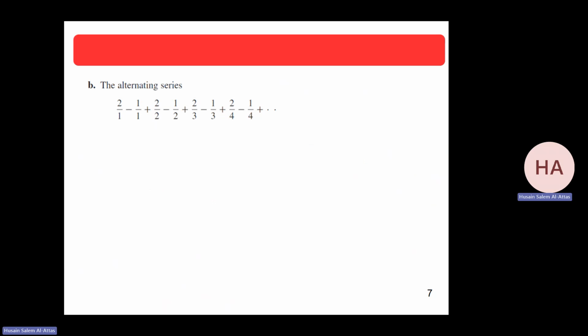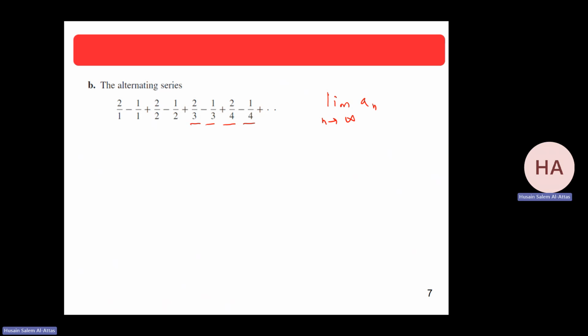Another one. This series, the limit of a_n as n goes to infinity is very clear.